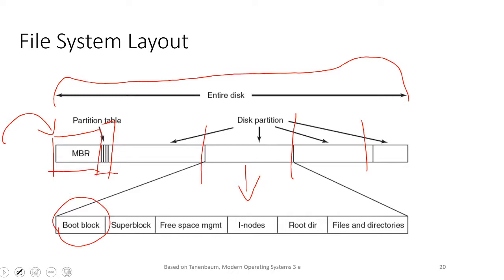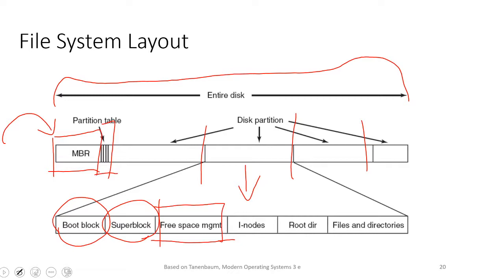Then we may have what is called a super block, which may be there for certain file systems, holding additional information about the file system. Then a way to manage free spaces.